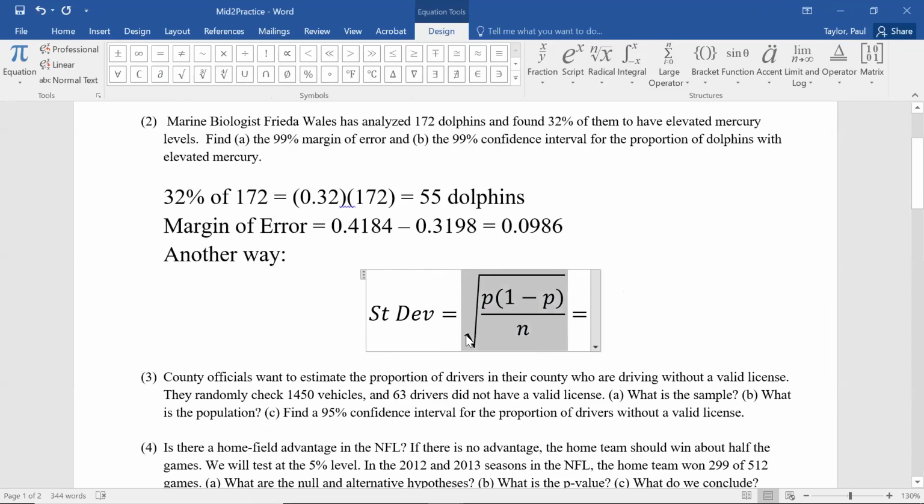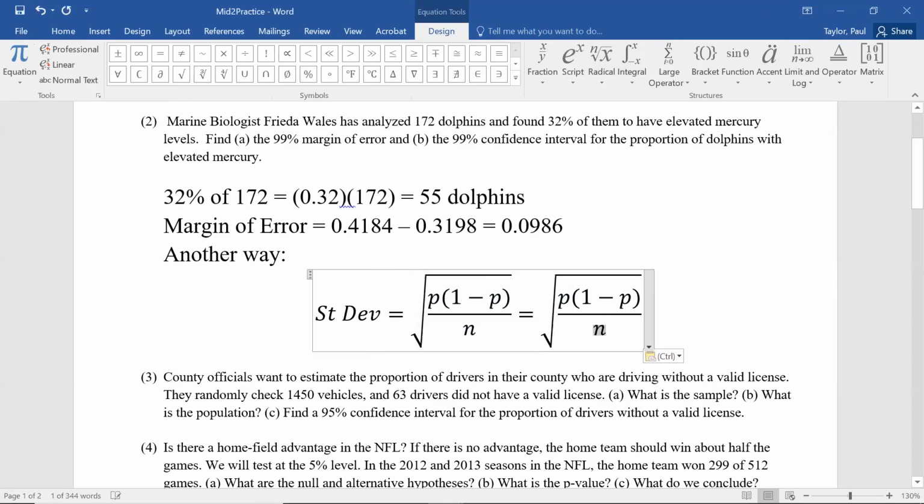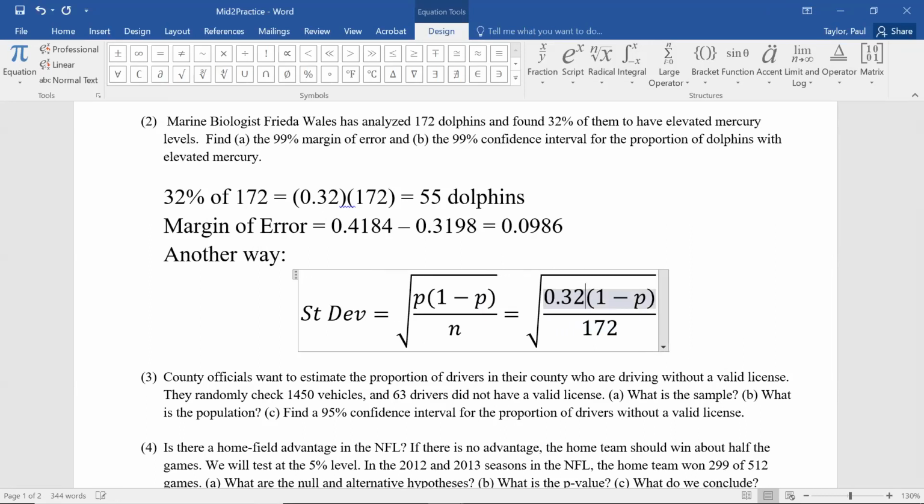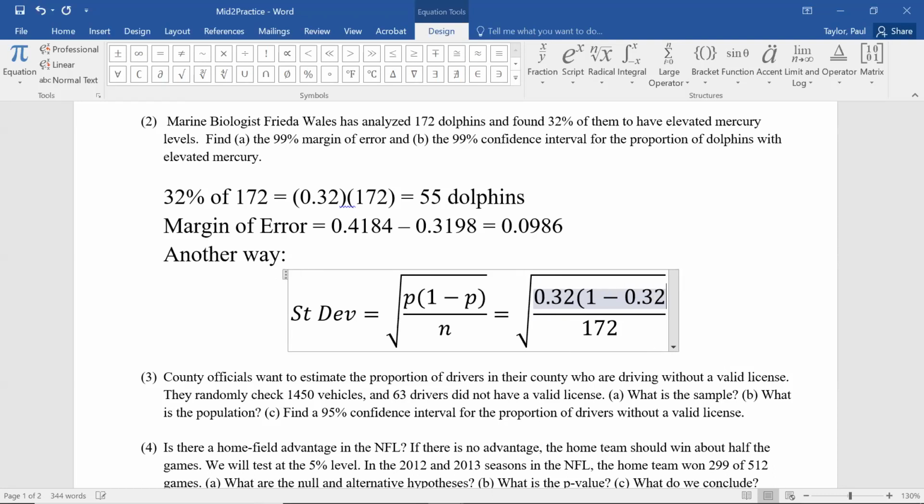For us, the n is 172, and the p is the 32%. So I'm going to plug in the proportion from our sample, which is 32%.